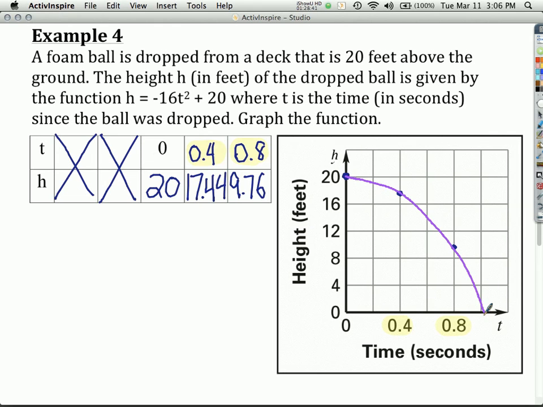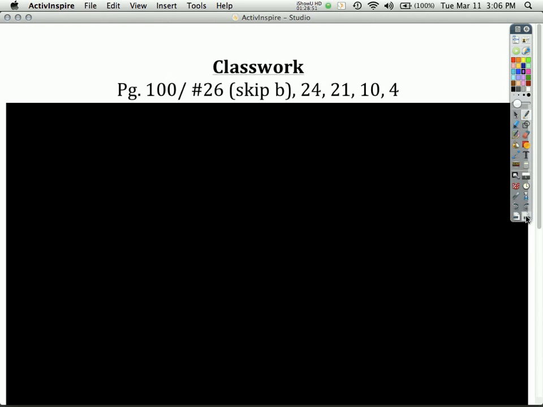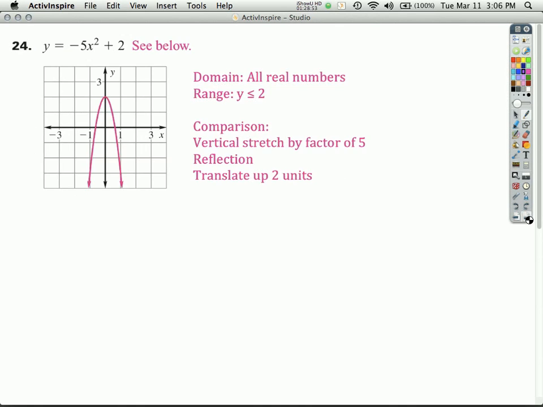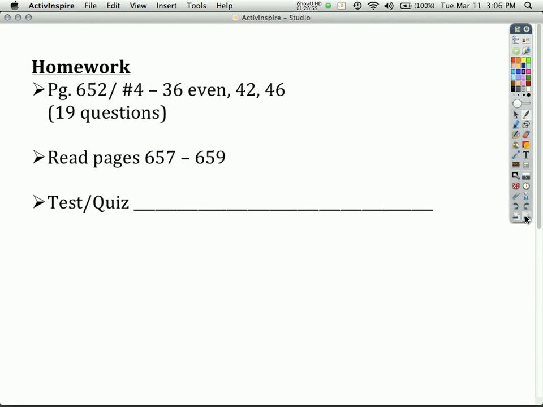Now, I apologize for this, but I'm way over schedule, so I'm going to quickly go to your homework. Okay? So, draw a line across your paper. Your homework is page 652, numbers 4 through 36 even, 42 and 46, but hold on, because I'd like to change that.